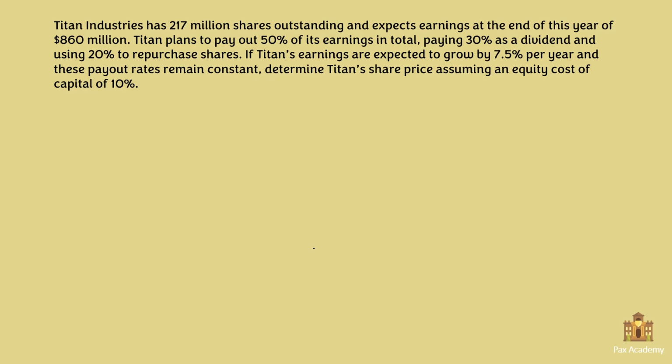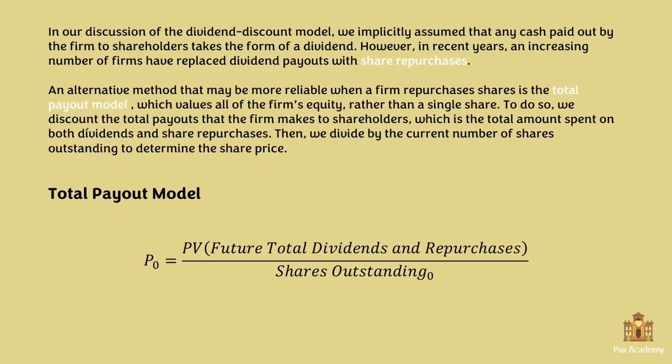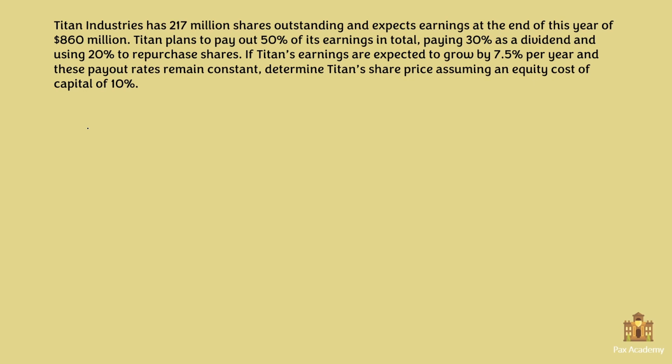So, let's write down what we know first, as always. Firstly, remember the formula. We need to calculate the present value of the future total dividends and repurchases. We know that Titan plans to pay out 50% of its earnings in total, 30% as dividends and 20% as share repurchases. So we need the 50% of earnings.